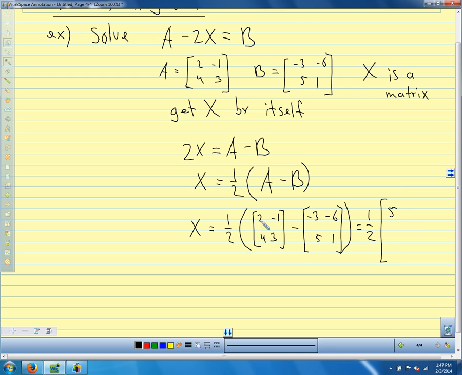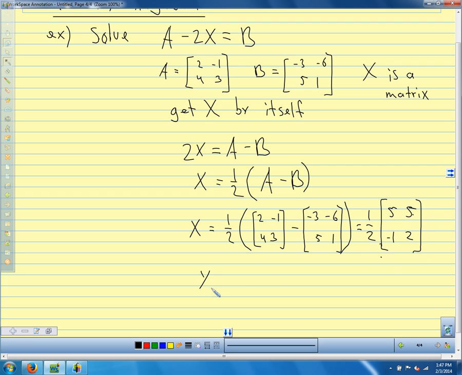Oh, sorry, I messed up already. -1 minus -6, I get a 7. There we go. 4 minus 5 is -1. Lots of places to make arithmetic errors in matrices. Let's see, 4 minus 5, -1. Did I get that one right? Yeah. 3 minus 1 is 2.